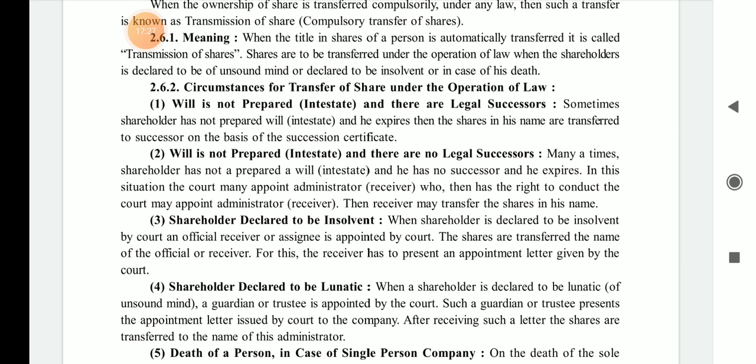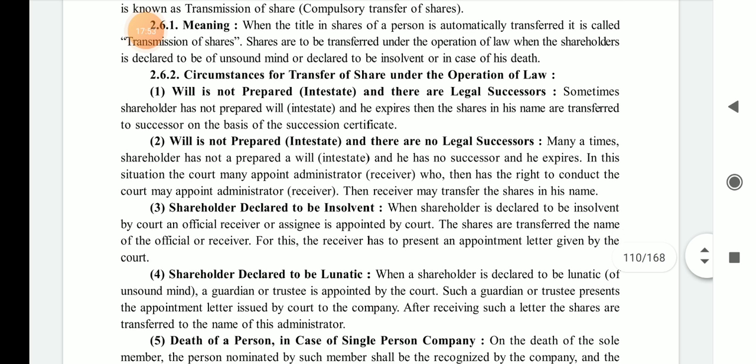The administrator or receiver is a near relative of a particular shareholder. At that time it is necessary that the company finds that particular relative and appoints him as administrator or receiver of the shareholder of the company.